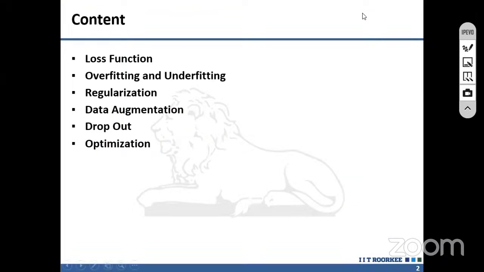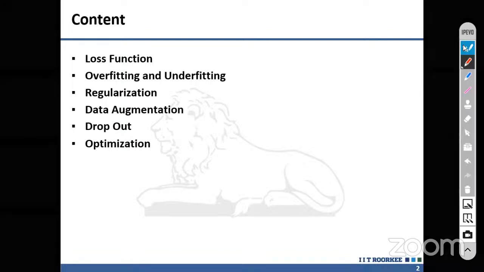So in this agenda of today, we have the following. First, we are going to discuss loss functions. Obviously, what are the different loss functions we can consider for this neural network? Then what are overfitting and underfitting? Then regularizations. Regularizations, for example, how can we get better accuracy?